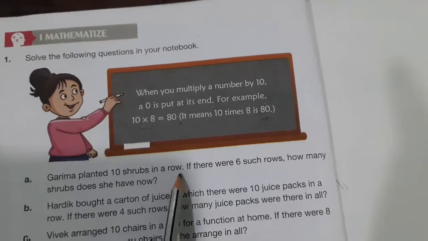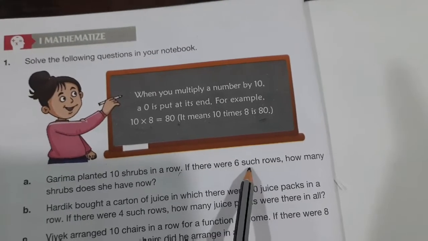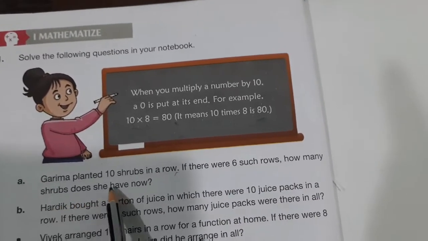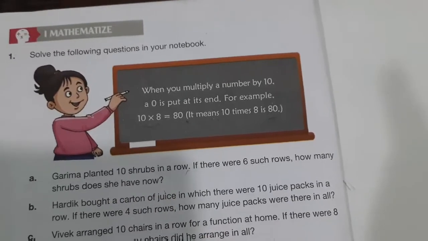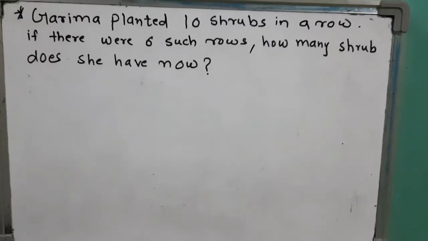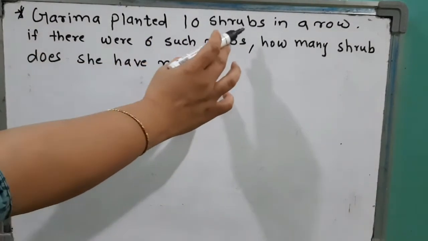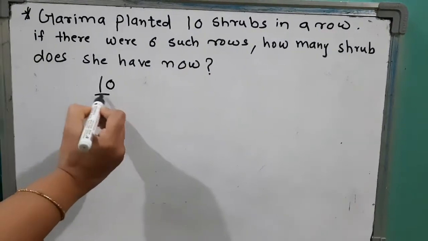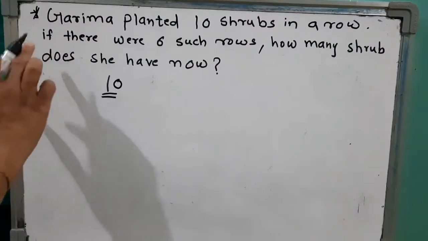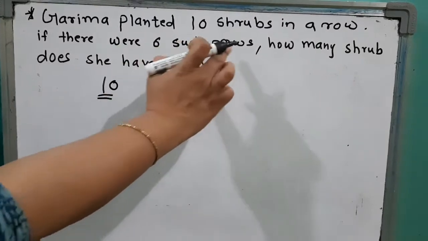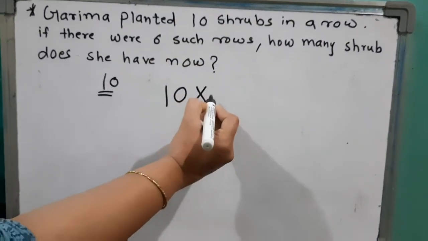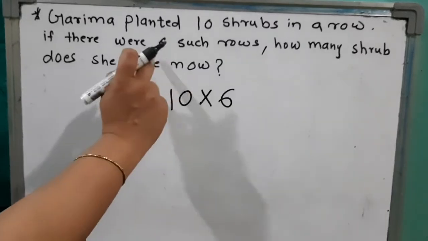Next, first word problem. Garima planted 10 shrubs in a row. If there were 6 such rows, how many shrubs does she have now? Let's solve. If there were 6 such rows, means 10 multiplied by 6.